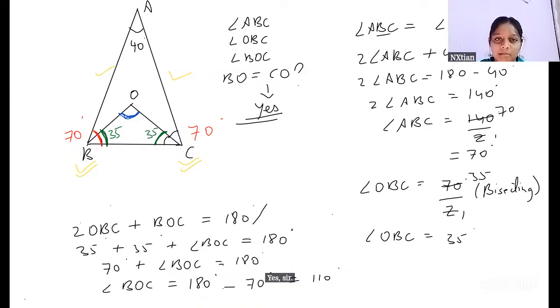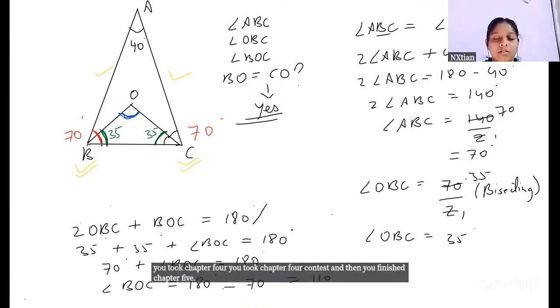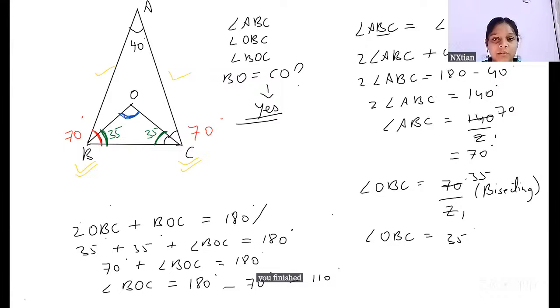Till the fourth chapter or till the fifth? We finished chapter 4 test, but we didn't start chapter 5. We started chapter 5, but you didn't give a test for chapter 5. I don't remember chapter 5. I only remember us doing algebra. That was chapter 4.